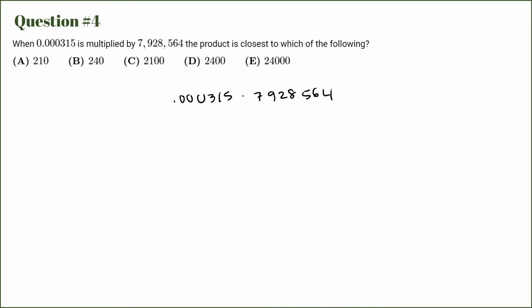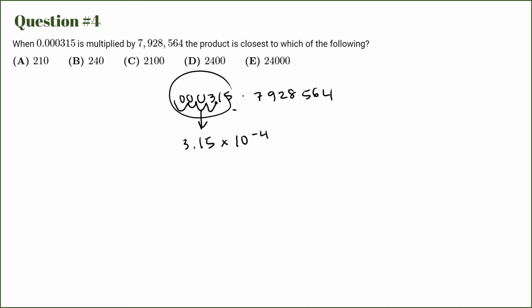To solve this question, let's rewrite that as something easier to solve. So this would equal 3.15 times 10 to the negative 4, because 1, 2, 3, 4. So 10 to the negative 4.